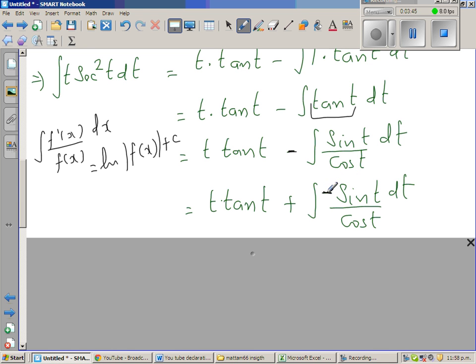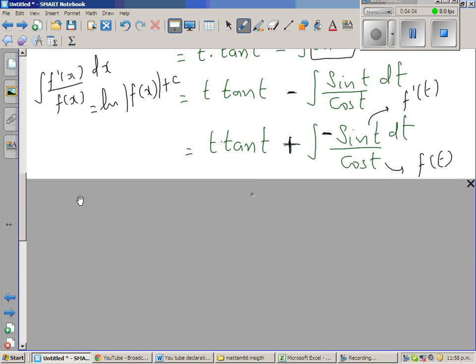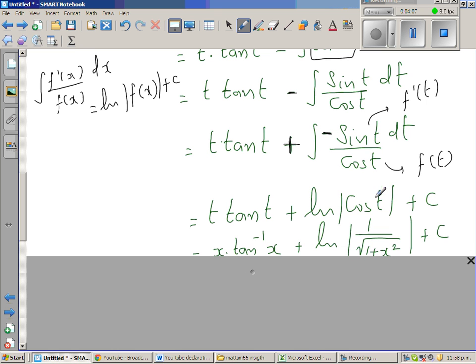So this is minus sine t, and I have to put a plus here. Now this is f prime t and this is f of t, so the numerator is the derivative of the denominator. That ends as natural log of cos t plus c.